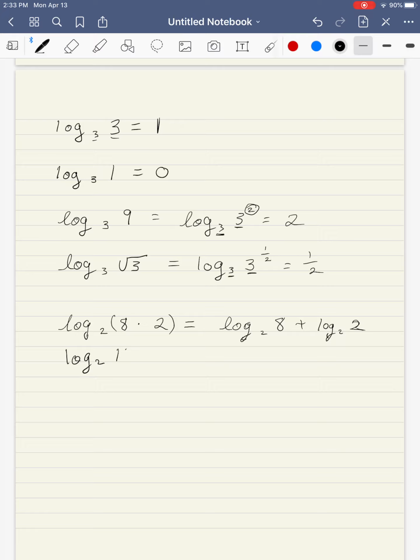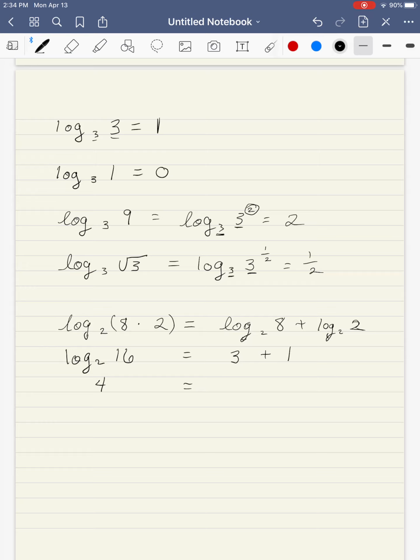If I look at the logarithm base 2 of 8 times 2, that's the logarithm base 2 of 16. So I'm asking myself, 2 to what power equals 16? 2 to the 4th power equals 16. On the right-hand side of the equation, I'm thinking 2 to what power equals 8? 2 cubed equals 8, so that logarithm is equal to 3.